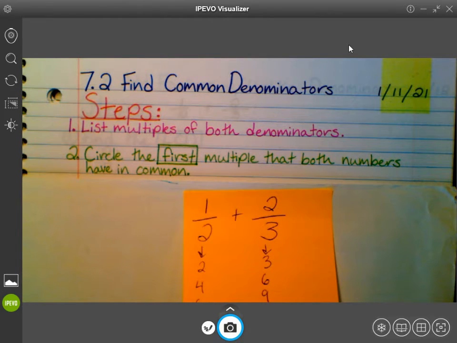Perfect. Thank you for showing me a thumbs up when you're ready to move on. So step 2 is to circle the first multiple that both numbers have in common.